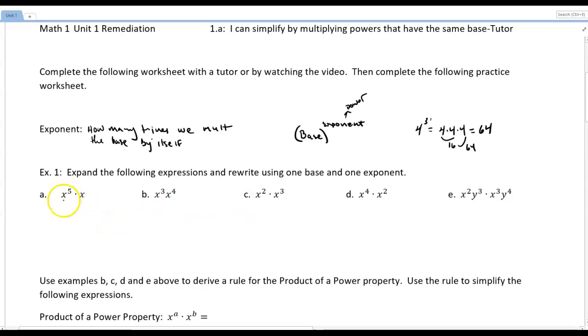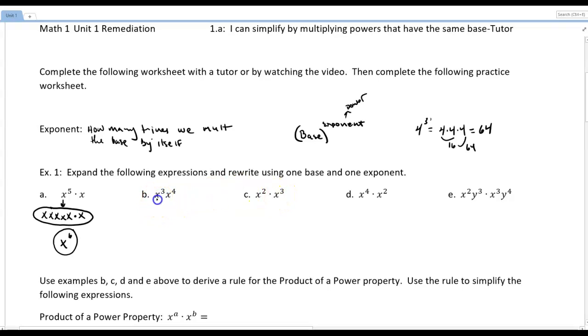If I expand x to the fifth, that's x times x, five times, times x. How could I rewrite this using exponents? My base is x, and x multiplied by itself 6 times is x to the 6th.